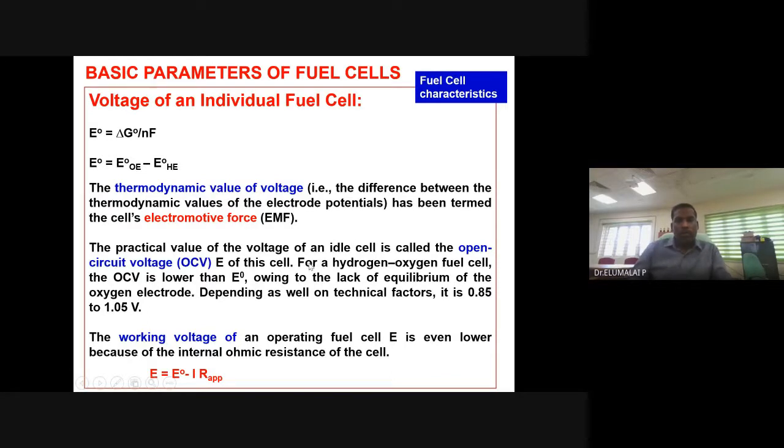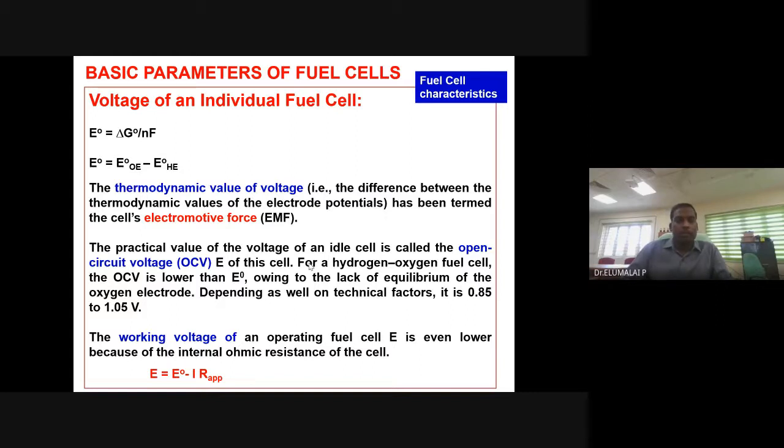Okay, so the working voltage depends on the device and its apparent internal resistance. You will have some voltage; that is the working voltage. The working voltage for a battery is different. Maybe for a lithium-ion battery there is a defined working voltage, and there is a defined working voltage for a lead-acid battery.